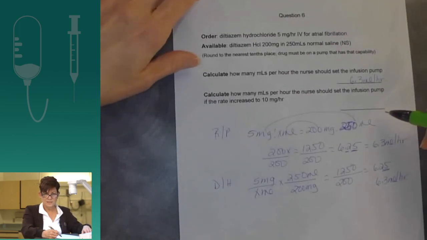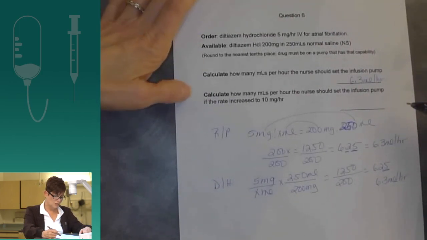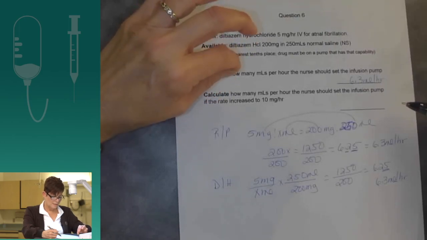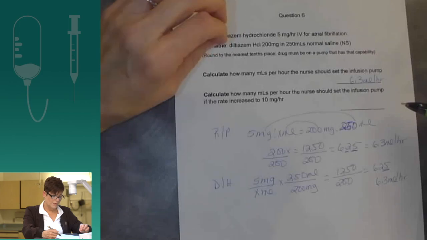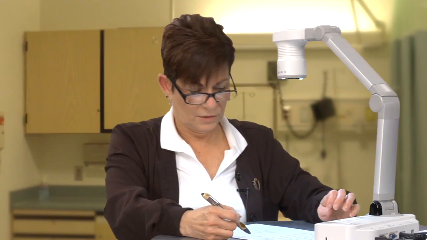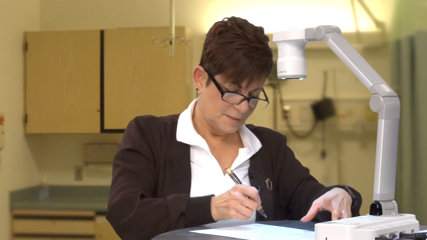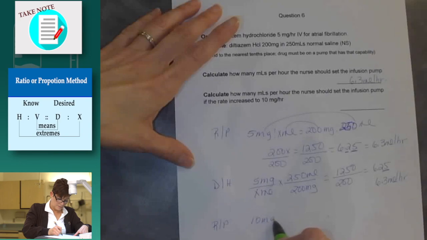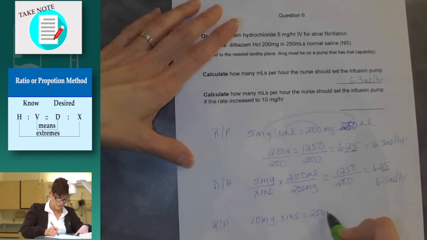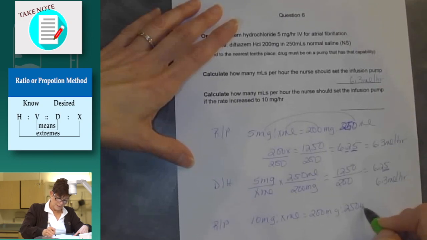Now we move on to the second portion of this question, which is stating how many mLs per hour will the nurse set the infusion pump if the rate was increased to 10 milligrams? So again, we're going to do the same thing, the two different methods, ratio and proportion. So we're going to do 10 milligrams to x mLs equals 200 milligrams in 250 mLs.